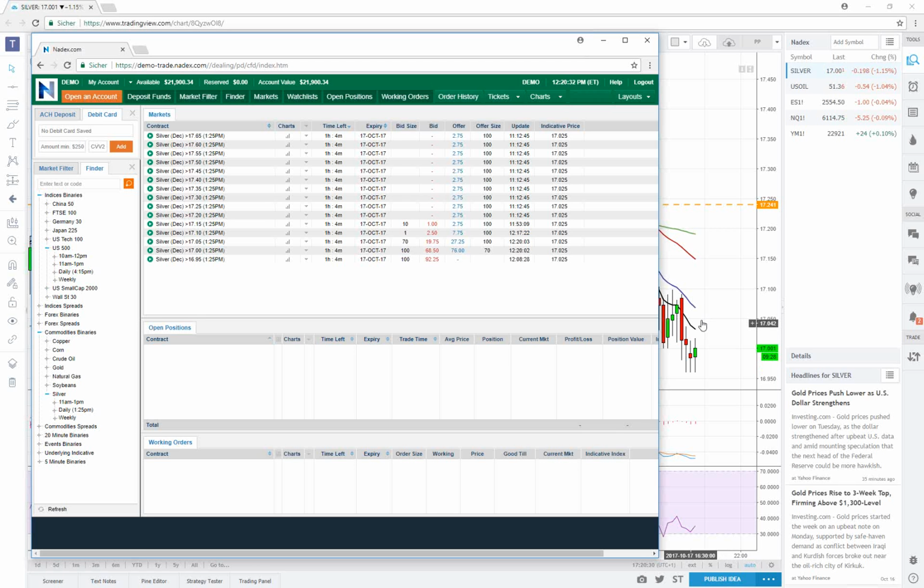And the idea here is that the price of a binary is pretty much acting as its delta. The price of this binary is always fluctuating between 0 and 100. It only becomes final at expiry, because then it either settles at 0 if it's trading below the strike price, or at 100 if it's trading above the strike price.